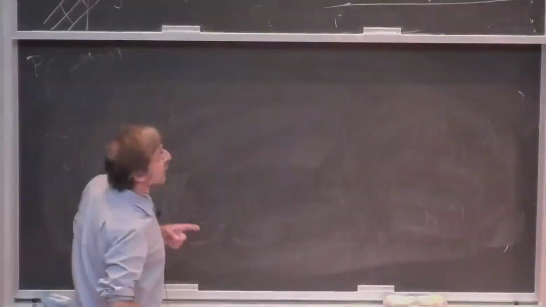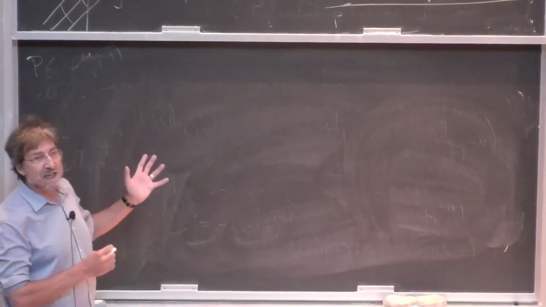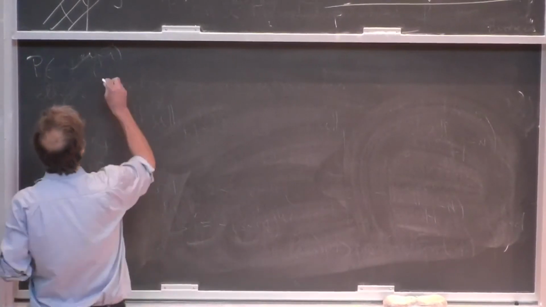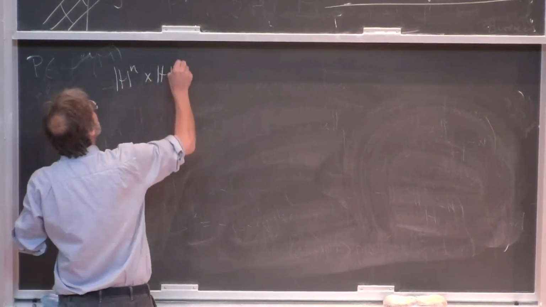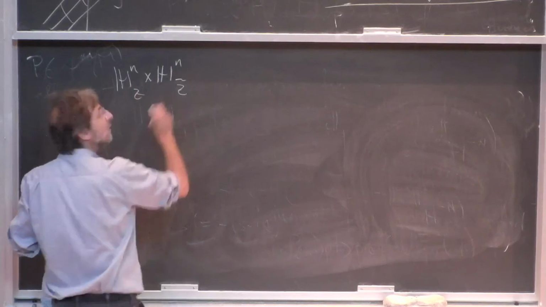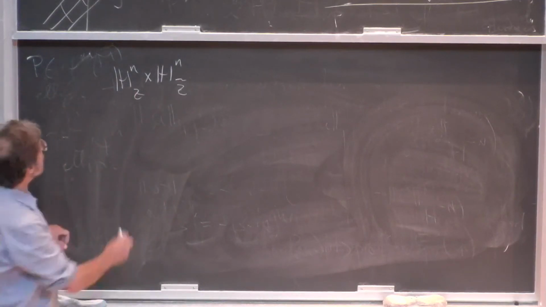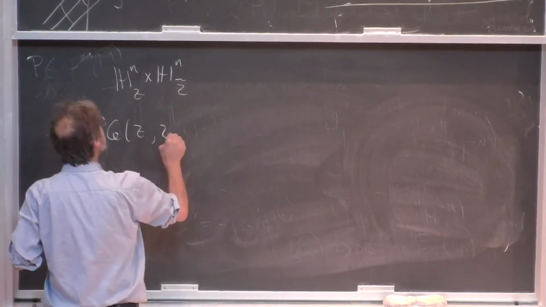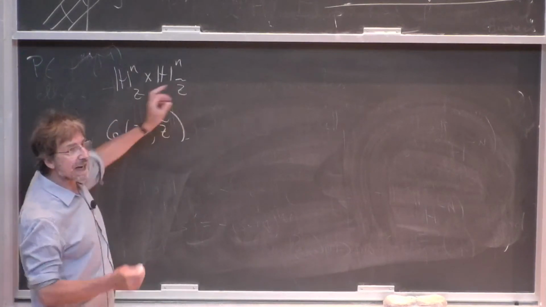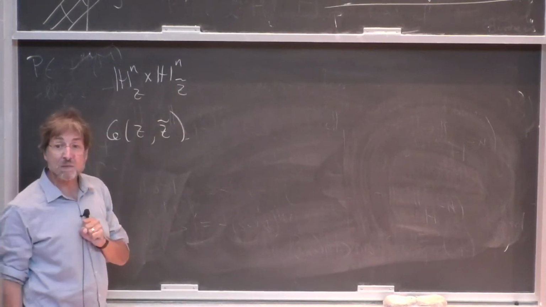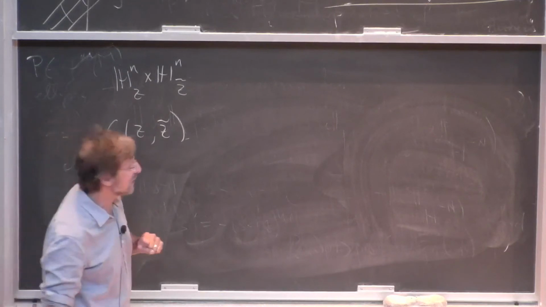On H^n itself, this space has a lot of symmetries. On H^n cross H^n, if I have a z here and a z tilde here, that's where g of z and z tilde should live. What I know is that given any two points, I can transform them to any other two points, provided the distance between those two points stays the same.